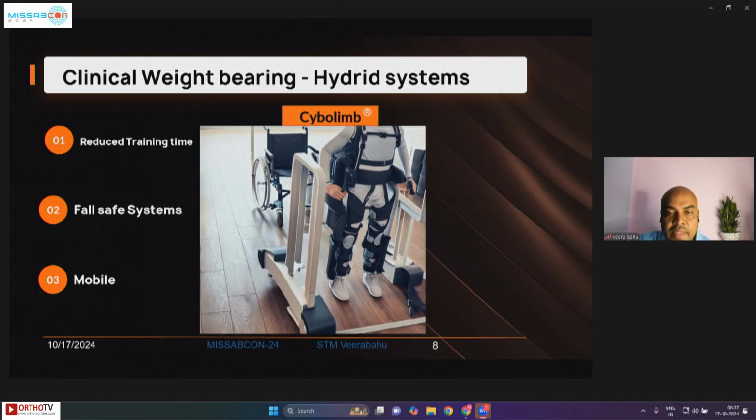So this system has other advantages. Basically, these systems are mobile in nature, which means you can walk along a hallway or within your home, and it's also fail safe. Cybolymp is the device that we design.